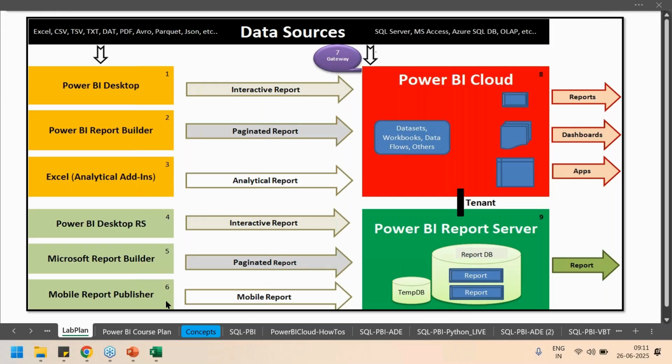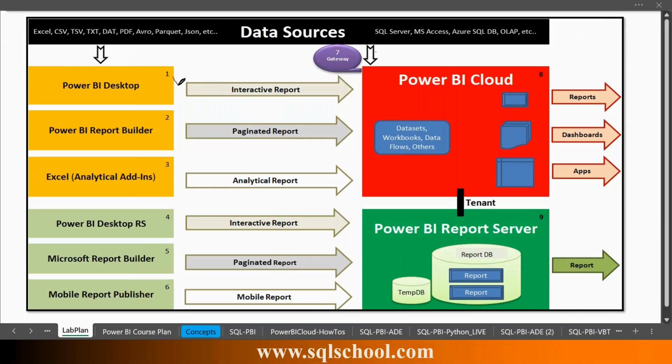Why these many tools? Because there are different types of reports. We have interactive reports, paginated reports, analytical reports, mobile reports. For interactive reports, one tool for cloud, one for report server.